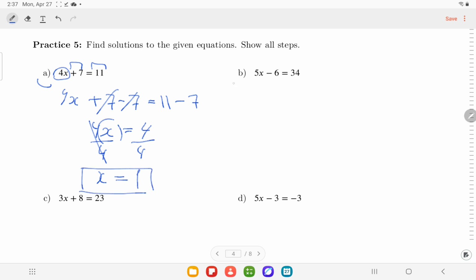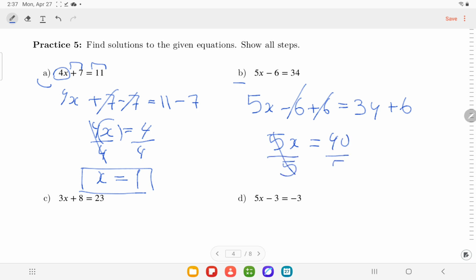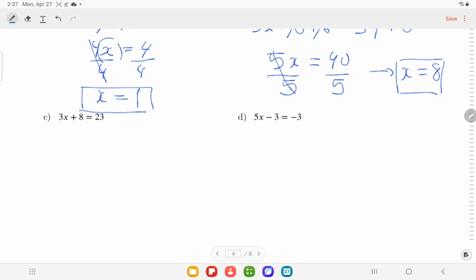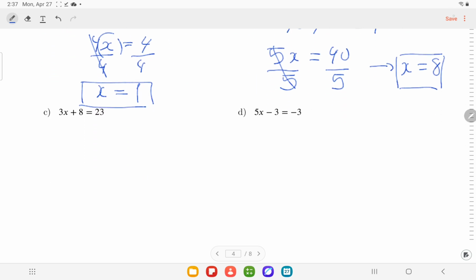It's the same idea here for B. We are going to add 6 to each side. And then divide by 5. And we end up with x equal to 8. For C, we are going to subtract 8 from both sides.